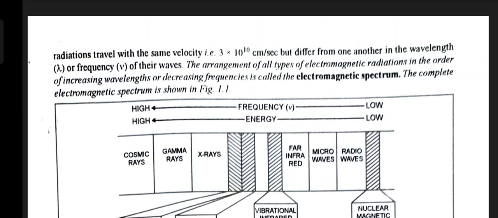The arrangement of all types of electromagnetic radiations in the order of increasing wavelength or decreasing frequency is called the electromagnetic spectrum. The complete electromagnetic spectrum is shown in figure 1.1.